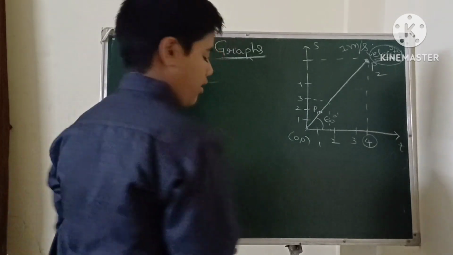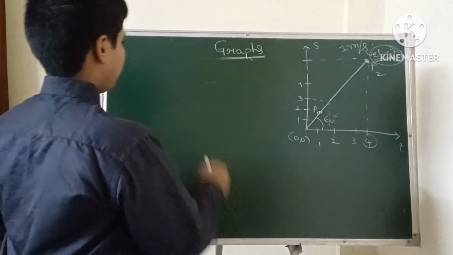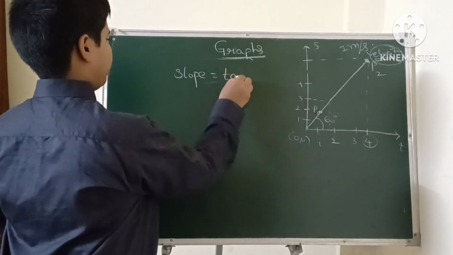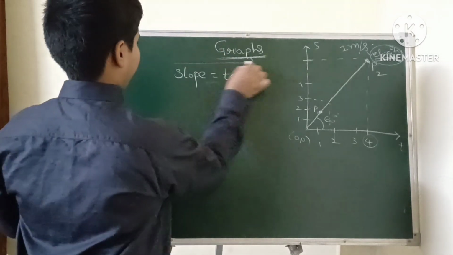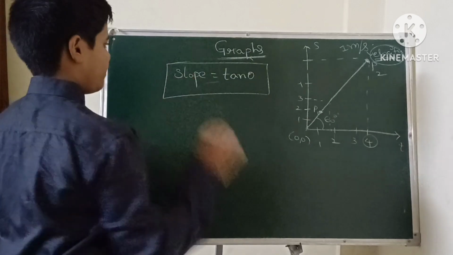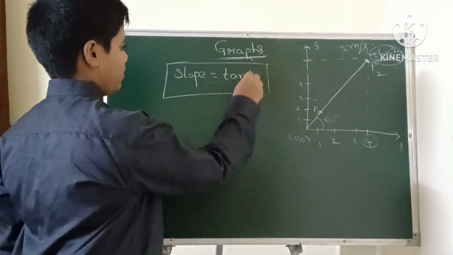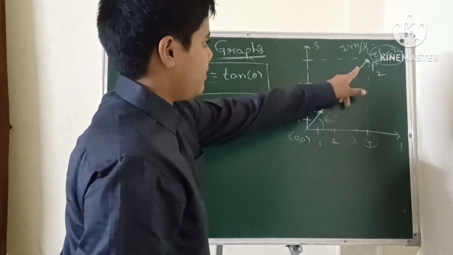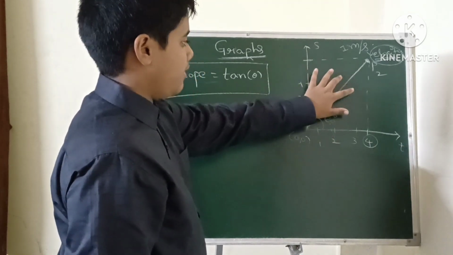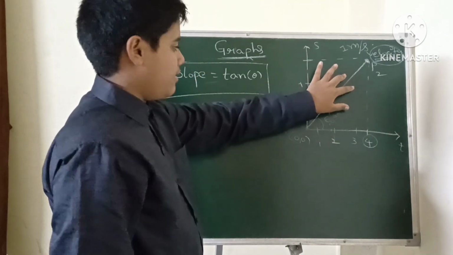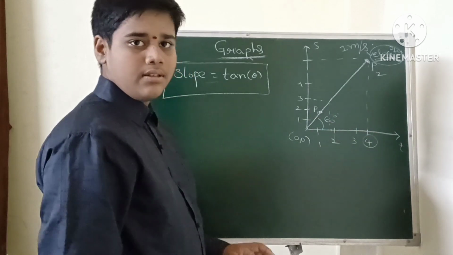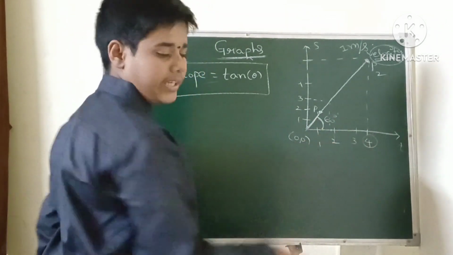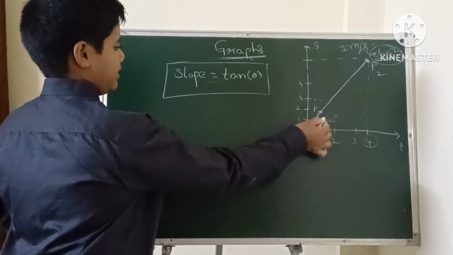So here another formula is there for finding slope. Slope equals tan theta. If they give the angle between this given straight line and the x-axis, we can easily find the slope.